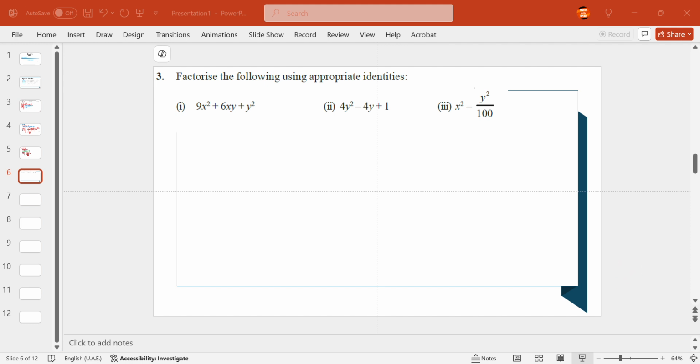And if it has two terms, then you go with the third identity, which is a square minus b square is equal to a plus b times a minus b. So this is the concept of how to apply algebraic identities for factorizing the given algebraic expressions. Understood, my dear students? Good.